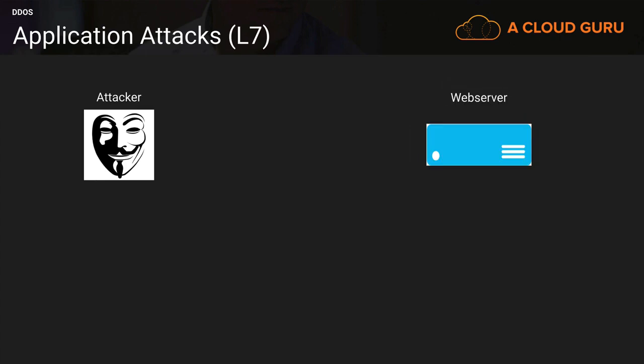Let's talk about some other application attacks, so layer 7 attacks. Here we've got our attacker and a web server, and it's a pretty traditional attack: you just send to the web server a flood of GET requests. That can easily be detected and prevented using a whole bunch of different software.